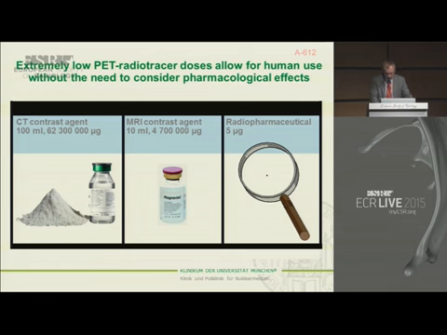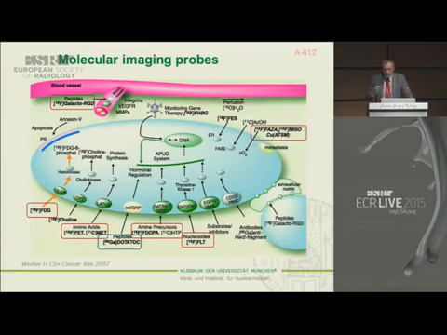And so this allows you, of course, compared to MR and CT, a much wider array of imaging probes you potentially have. So here, if you look at oncological imaging, we have all kinds of physiological markers we could use.